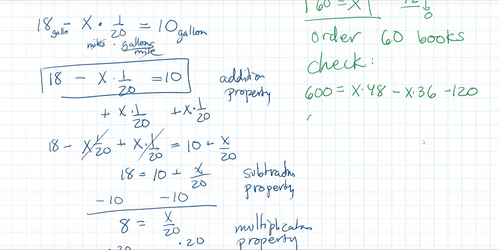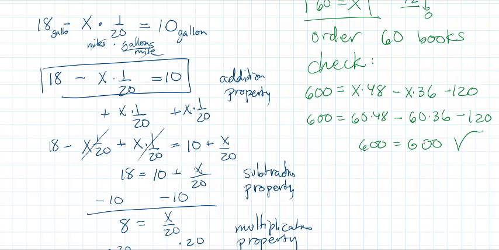What we have to do is multiply. 600 equals 60 times 48 minus 60 times 36 minus 120. And if you go through this exactly, you will find that 600 equals 600, but I won't take your time and do that. And so our result is correct.